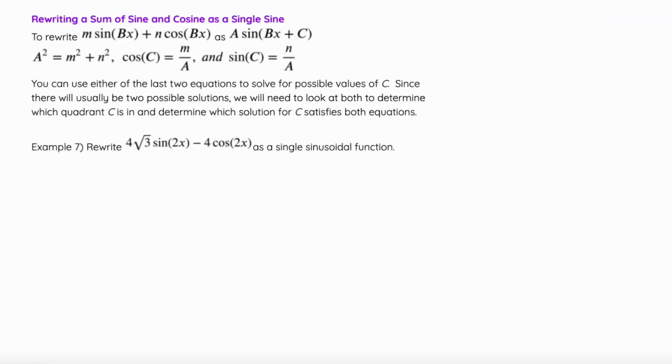I brought over the strategy that we're going to utilize, and it's asking us to rewrite 4 times square roots of 3 times sine of 2x minus 4 times cosine of 2x as a single sinusoidal function. So as a single sinusoidal function is asking us to rewrite it as a times sine of bx plus c.